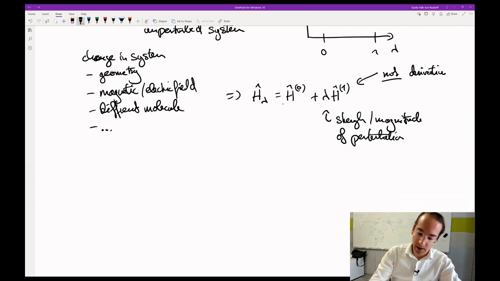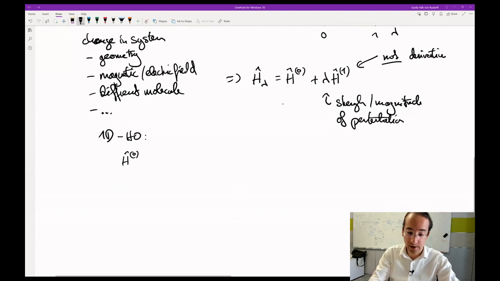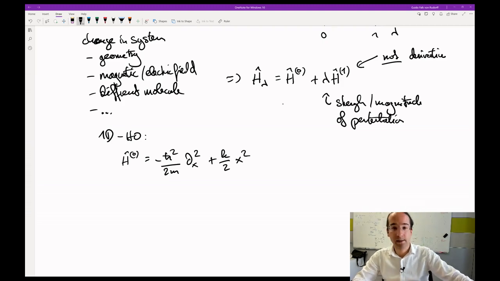As one example, if you take the 1D harmonic oscillator, then you can get the Hamiltonian of the plain simple reference, and that's the kinetic term, which gets added to the potential term, and this is the harmonic oscillator, so that would be k half x squared.